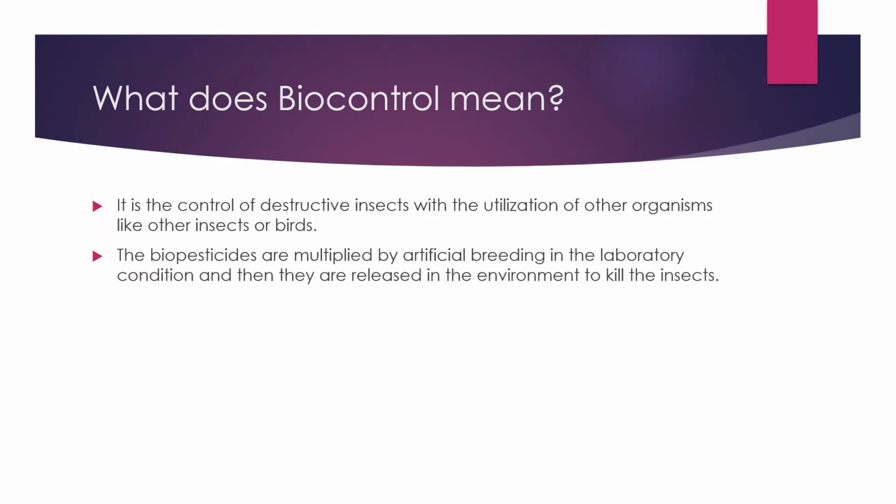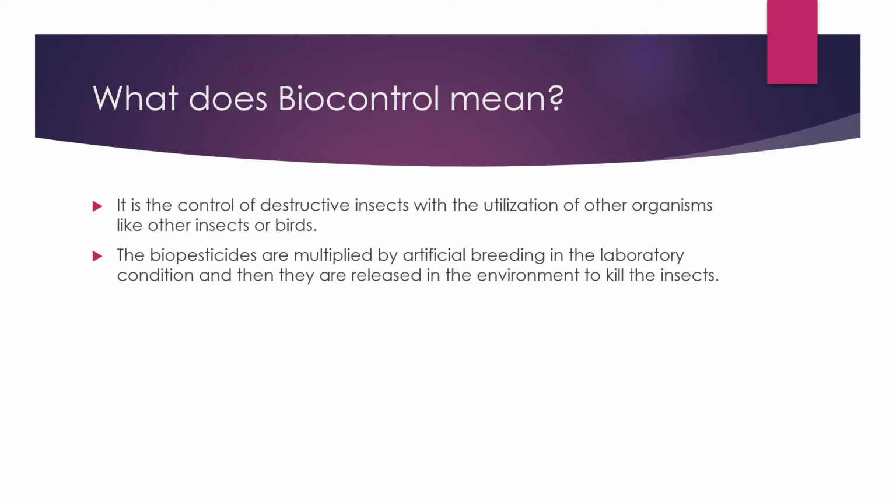So what does biocontrol mean? See, bio means living, which means somewhere we are using living beings. This way we can keep it in mind. It is the control of destructive insects with the utilization of other organisms. Other organisms means we are talking of living organisms.